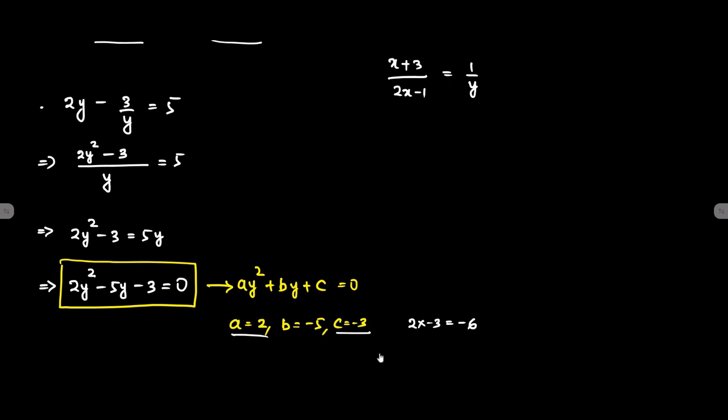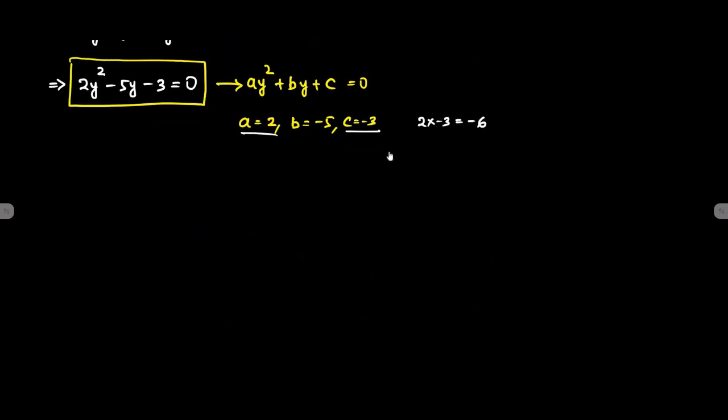2y square minus 5y minus 3 equals 0. Now we can split minus 5y as y minus 6y.